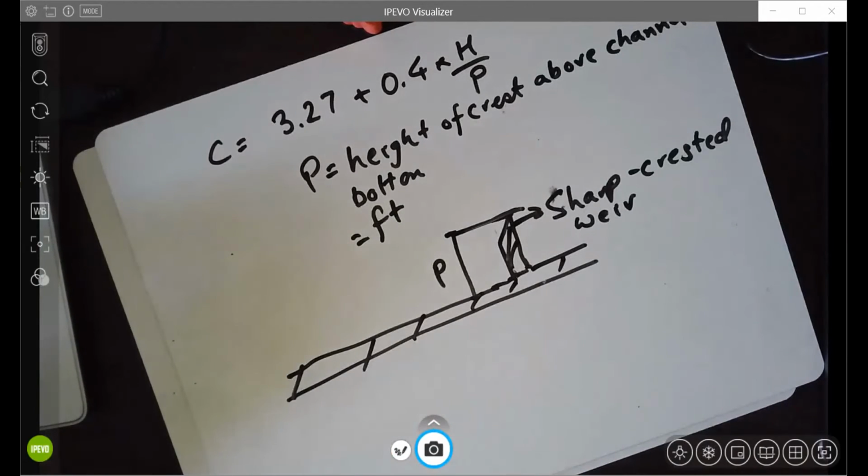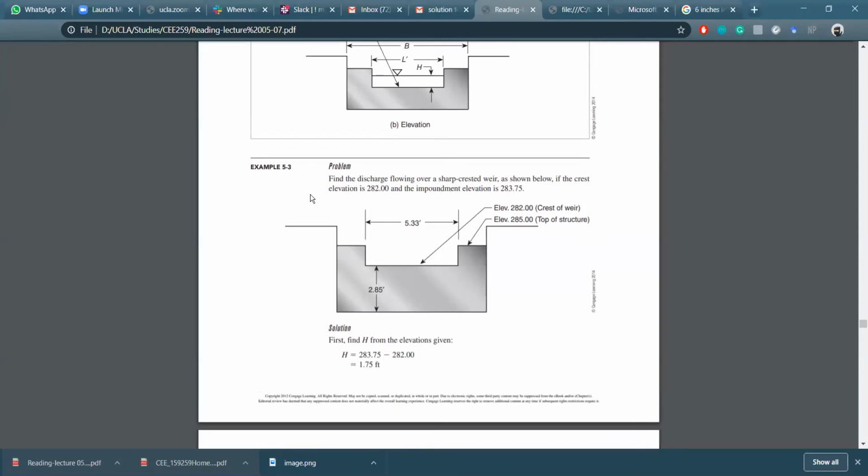Wait, it's 350. Sorry. We don't have time for a new problem. You can see this question is in the handout. Let me just solve it for you. Example 5.3. Read the question and I'll solve it quickly.